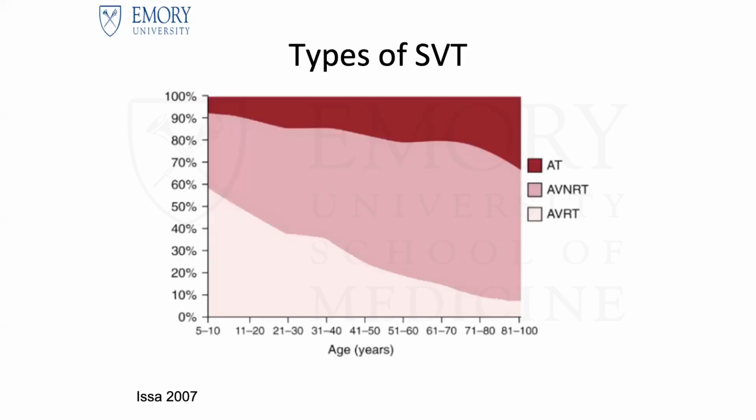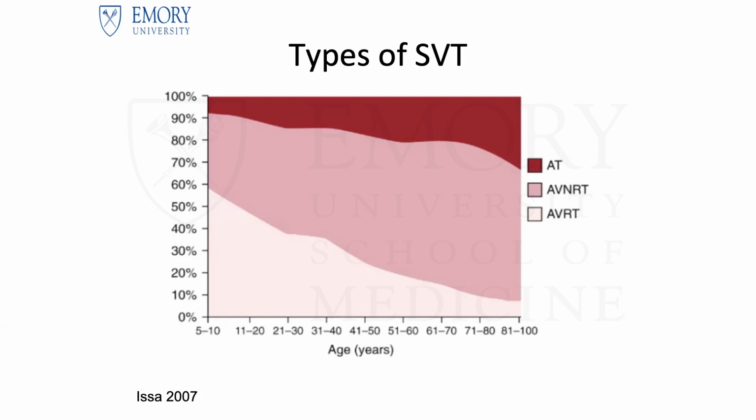When you encounter a patient, you can get a hint at what their SVT might be based on their age, since it tends to change as age goes on. AVRT is most common in younger patients. It's rare to see atrial tachycardias and AVNRT in younger patients, although you certainly can.